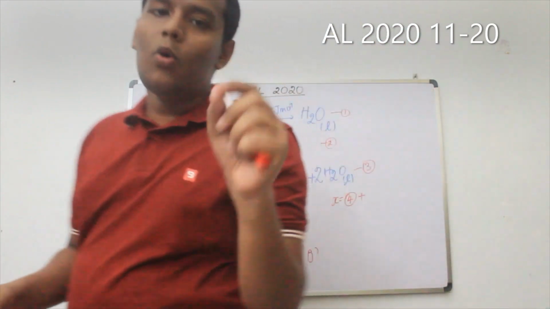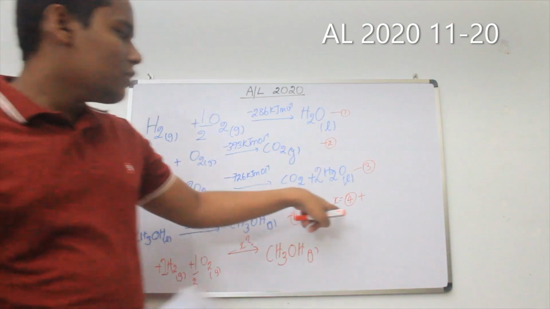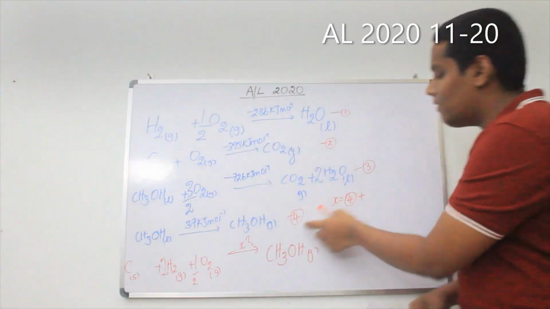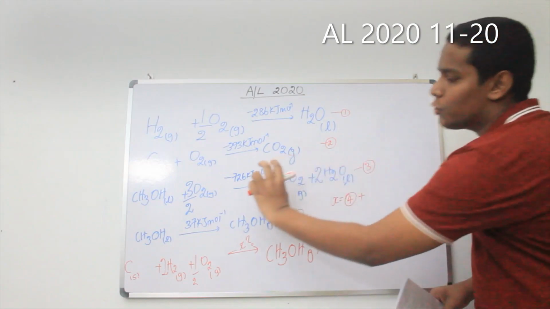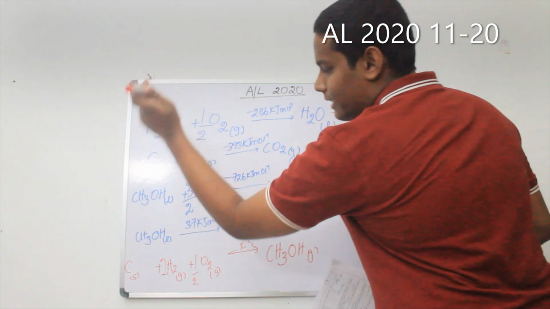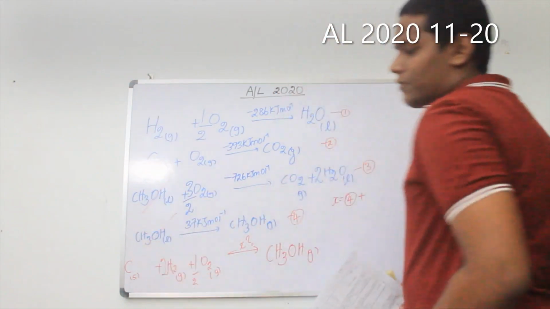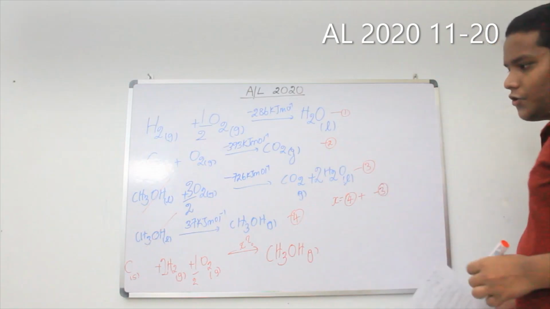CH3OH gas should come to the right side. If CH3OH gas should come to the right side, what should happen? The fourth equation should be directly added here. Plus, the third equation should be flipped. Only if this equation is flipped, this CH3OH and this CH3OH will get cancelled. Plus, minus the third equation.